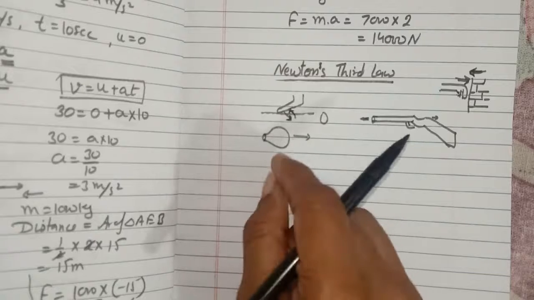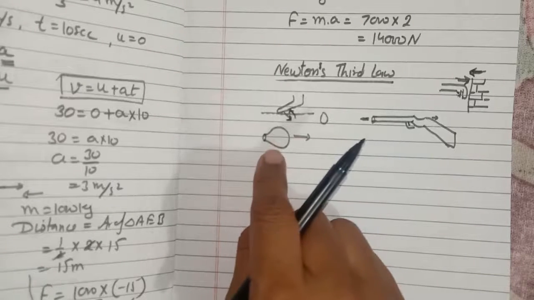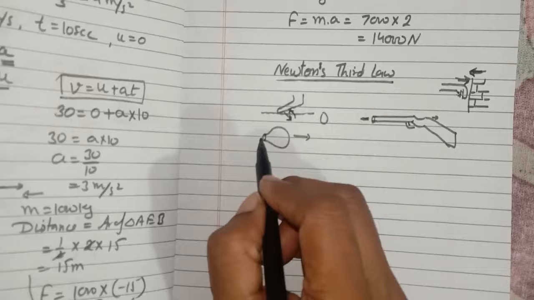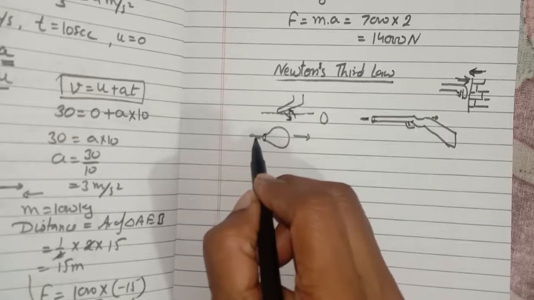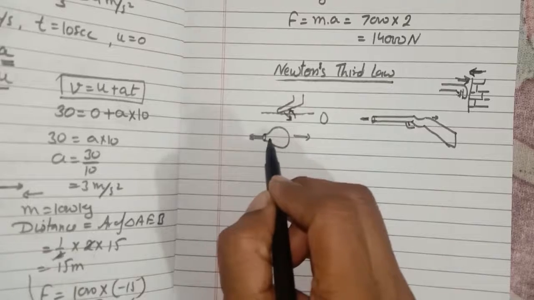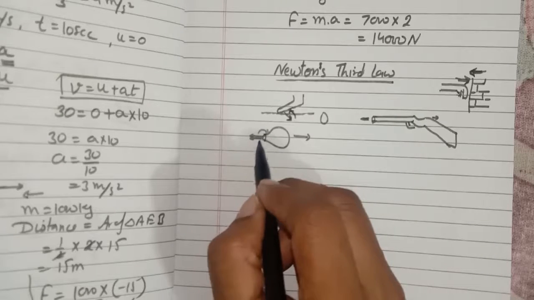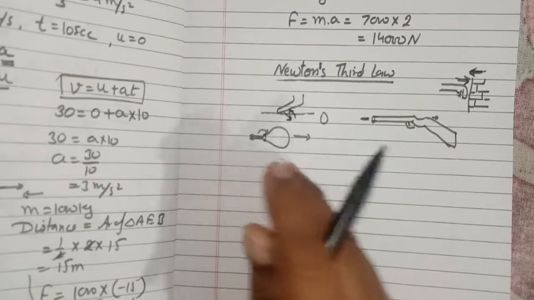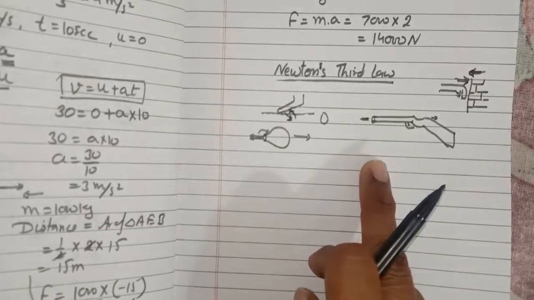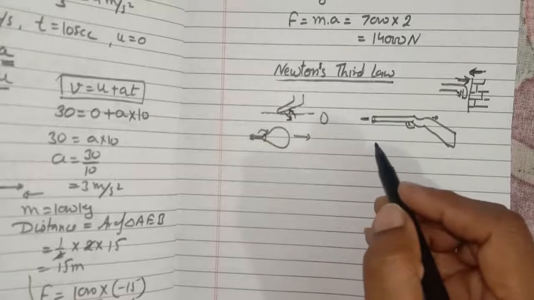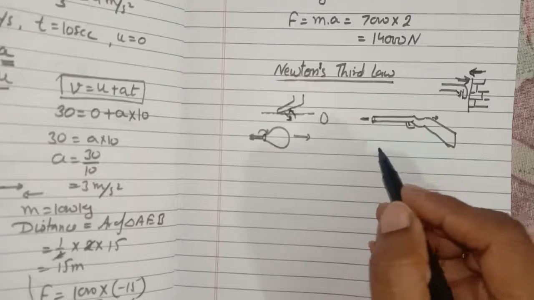Actually, if we open the thread of this balloon, then the gas moves in this direction. This moving gas also exerts an equal and opposite force on the balloon, and that's why this balloon moves in the backward direction. Other examples are jet planes and rockets.